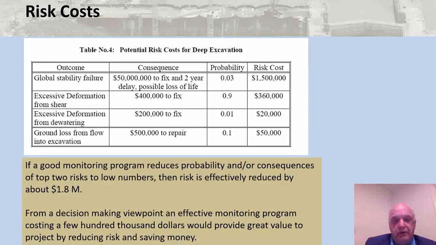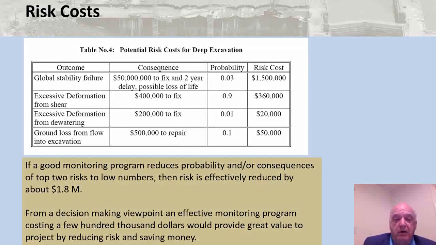So how does monitoring play into this? If we had a good monitoring program, we could potentially reduce the probability and/or the consequences of the top two risks to low numbers. That is, we could detect whether a potential global instability was occurring and alter the construction course to prevent that. We could do some things to minimize deformations from the excavation.